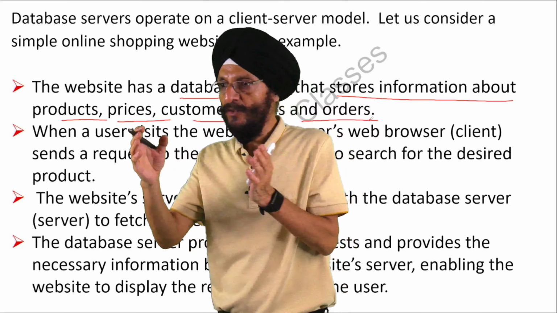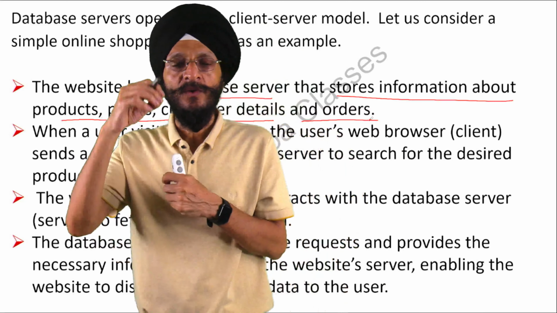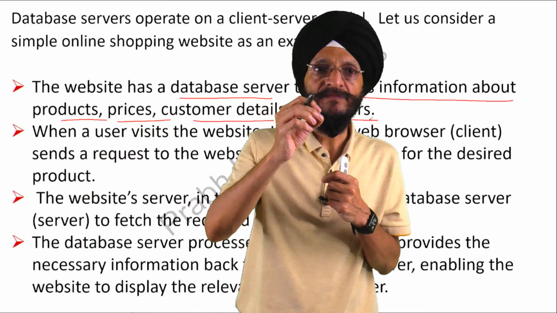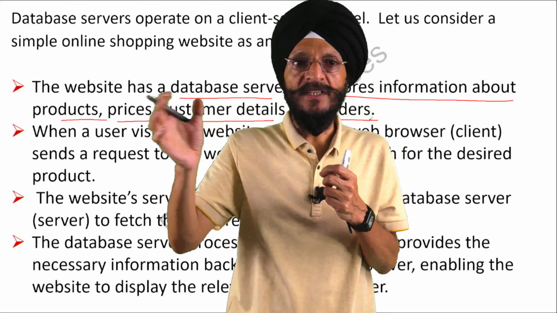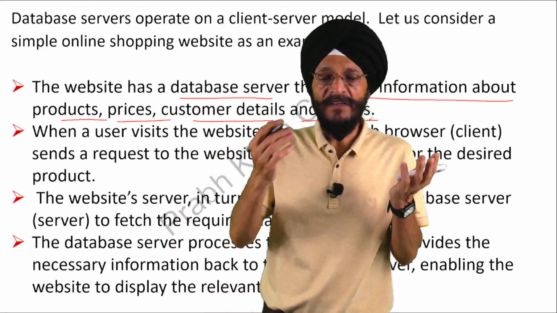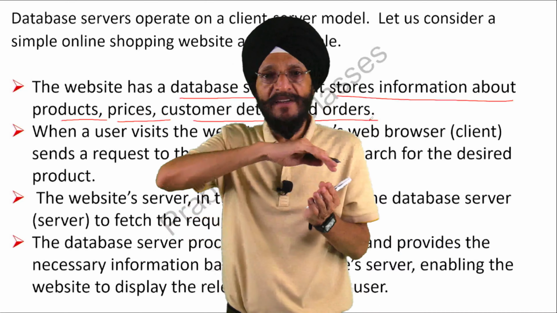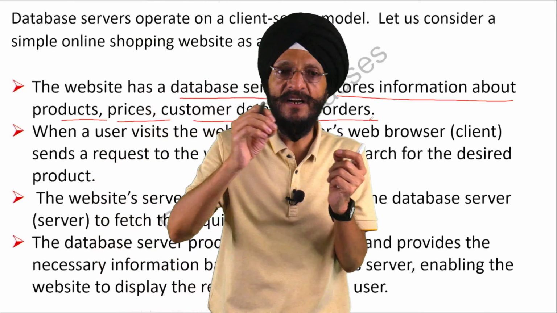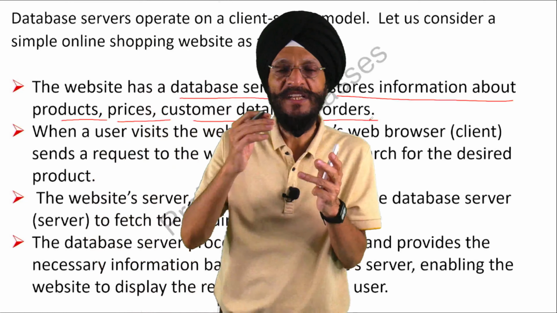That is, we want to search a product, we click it on the site, and the website's server searches the same. The website server interacts with the database server, which is called the server here, to fetch the required data.